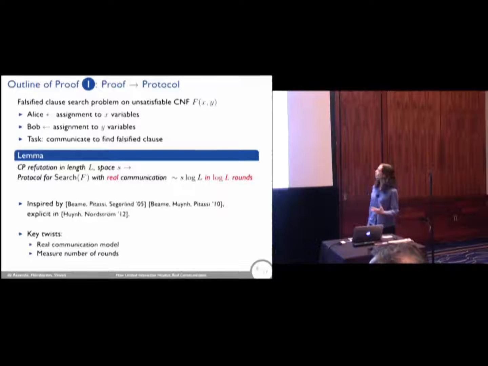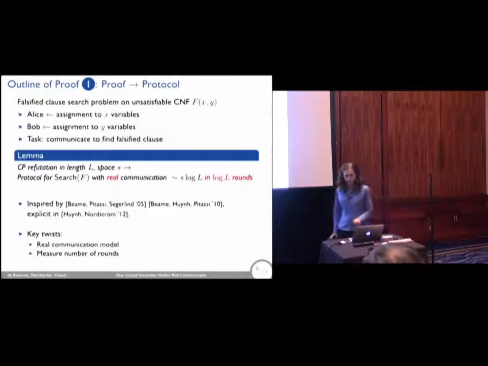We do not need to use randomized communication. We can use another model, which I'll define soon, which is real communication. And the other major observation, which is very important for this work, is that the protocol we get is round efficient. So it has only log L rounds.